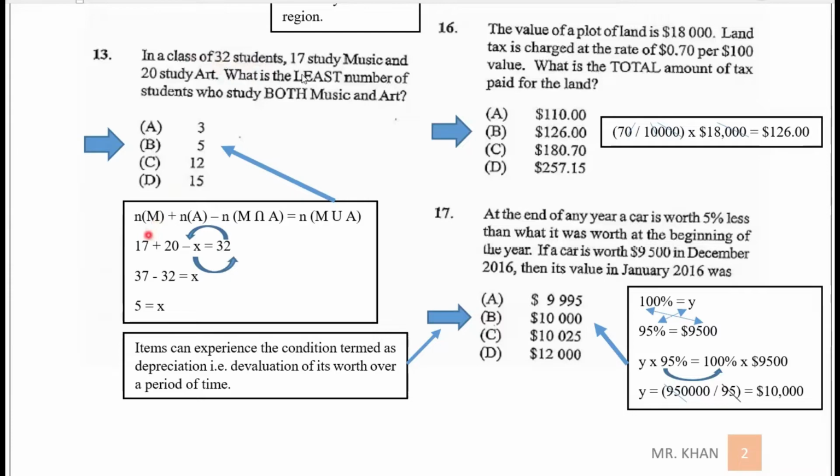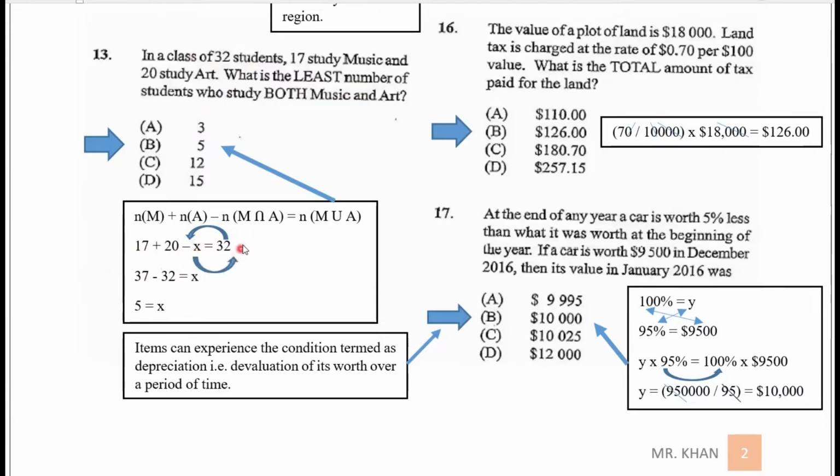So N of M would be 17 plus N of A would be 20 minus the number of students who study both music and art, which we do not know. We will call that X. So minus X would equal the class of 32. So from here, it's just algebra. 17 add 20 is 37.